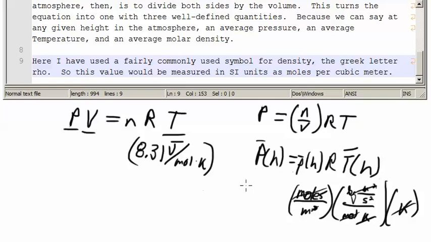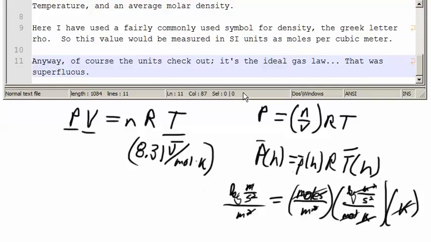And you can see that it comes out right because pressure is measured in kilogram meters per second squared, that's a Newton, divided by the area, meters squared. So you also get kilograms per meter second squared over here. Anyway, of course the units check out. It's the ideal gas law, so that was superfluous.